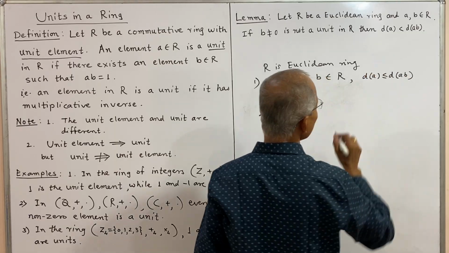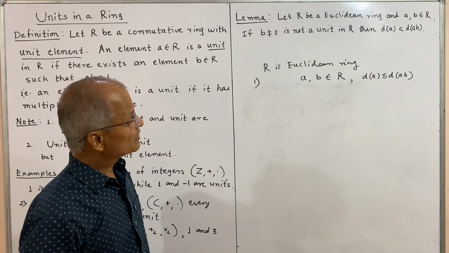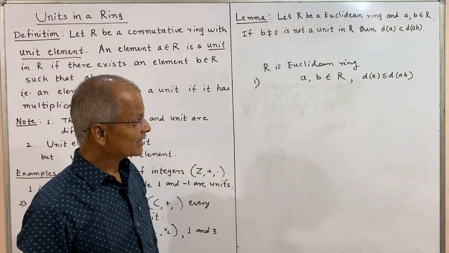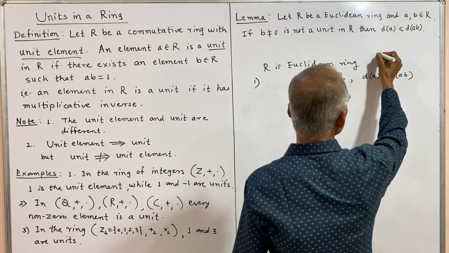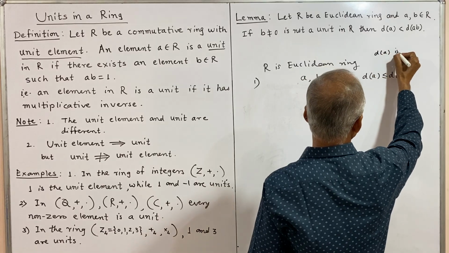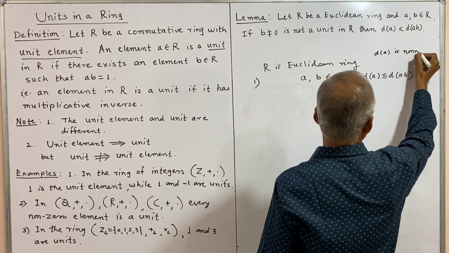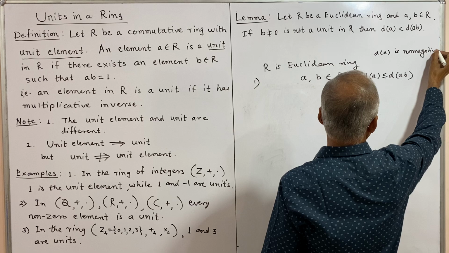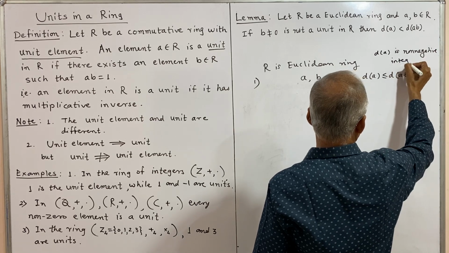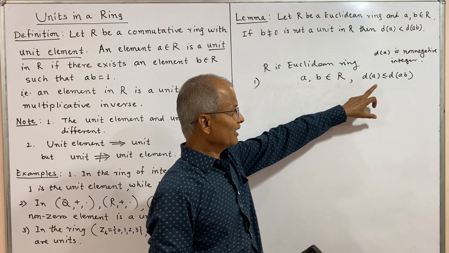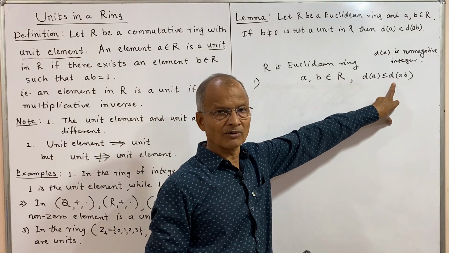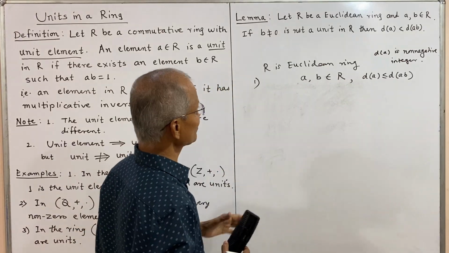What is the D value? The D function is the Euclidean function, whose value is a non-negative integer. So the D value of A is a non-negative integer, and we have D of A less than or equal to D of AB. That is the first condition in Euclidean ring.